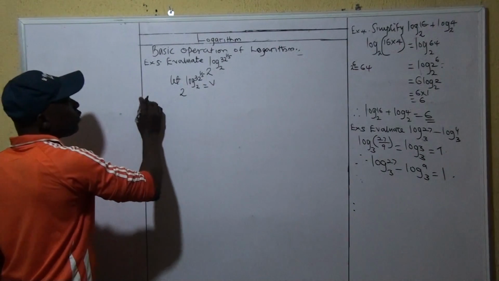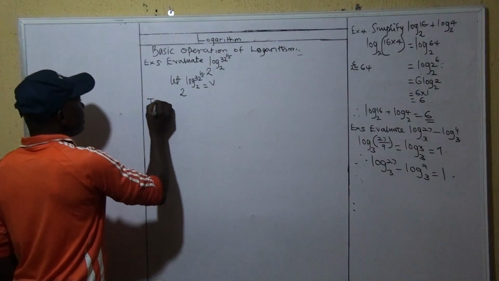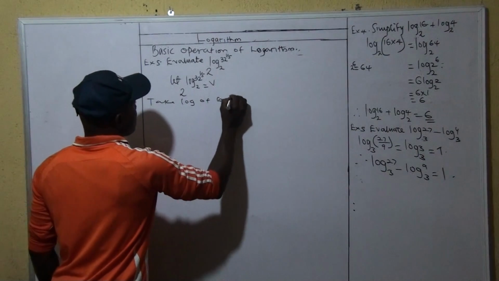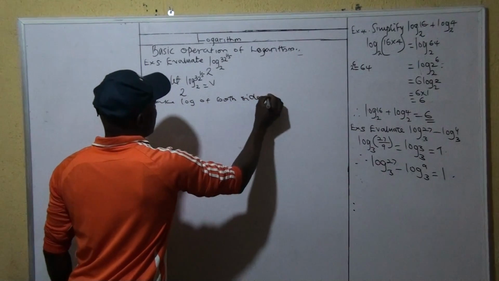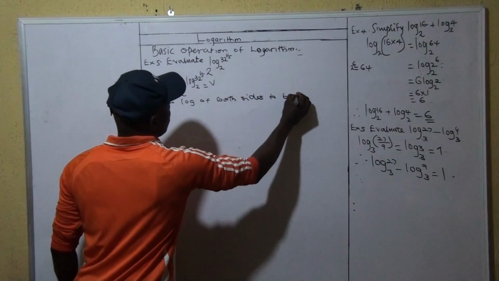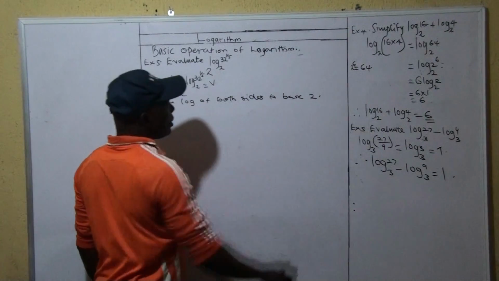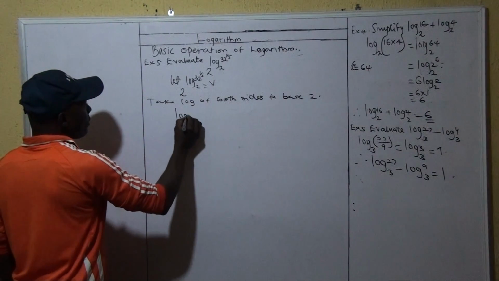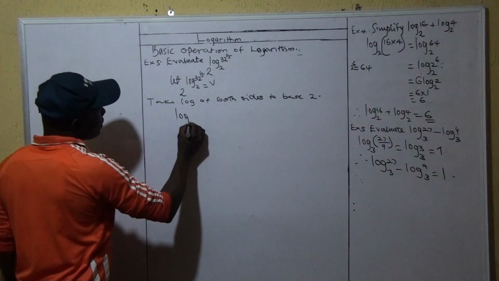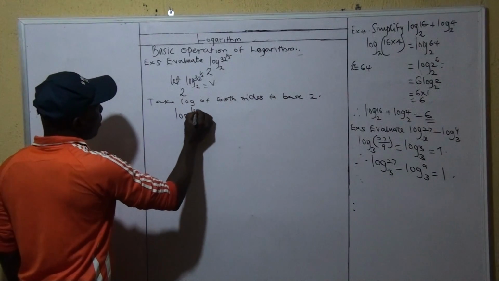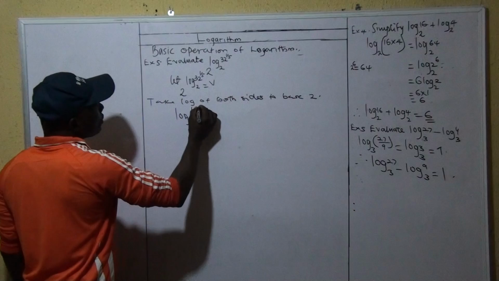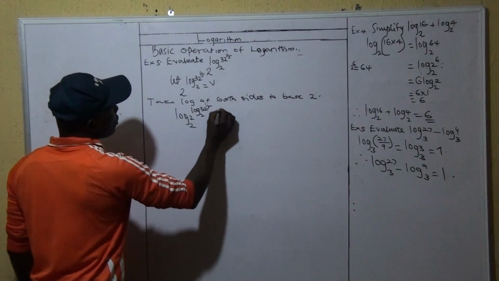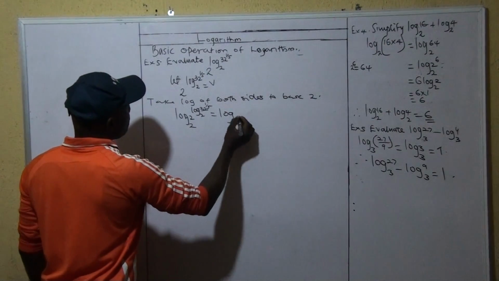So we take log of both sides to base 2. Because of the power here, we have log base 2 of 2 raised to log base 2 of 32 raised to power 1 over 5 equals log base 2 of v.